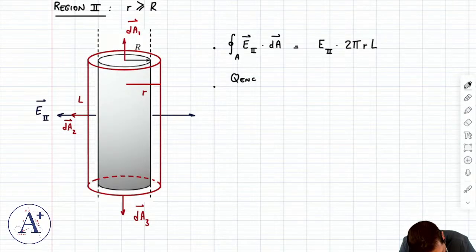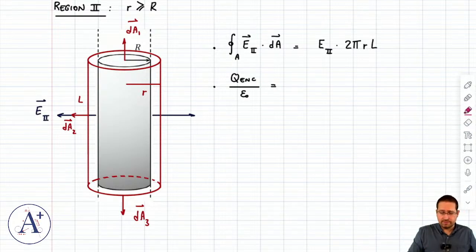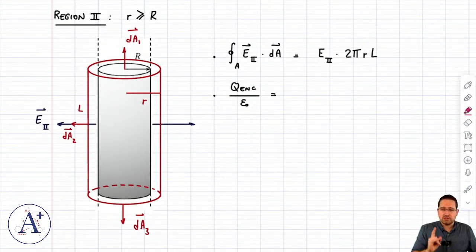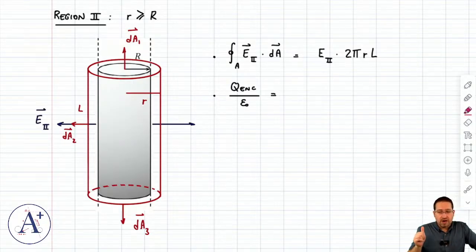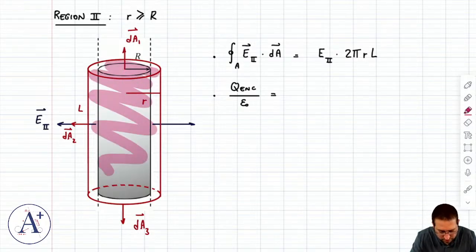Q enclosed over epsilon naught is going to be different. You have to be careful here. Okay, rho is charge per volume, so what I should do to find the charge contained within my Gaussian cylinder is multiply rho by the volume. However, not the volume of my Gaussian cylinder. All of this is too much volume because guess what?